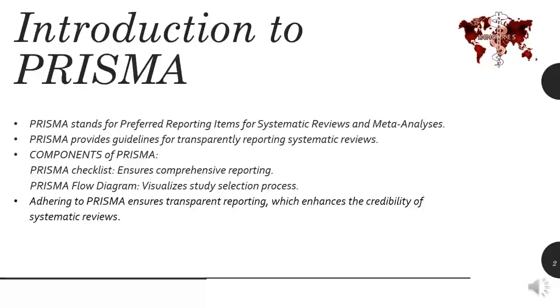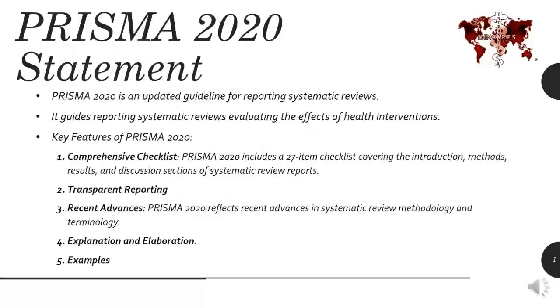The Prisma flow diagram, on the other hand, is a flow chart that helps to visualize the study selection process. It's very important to adhere to the Prisma framework because adhering to the Prisma framework ensures transparent reporting, which enhances the credibility of your systematic review.